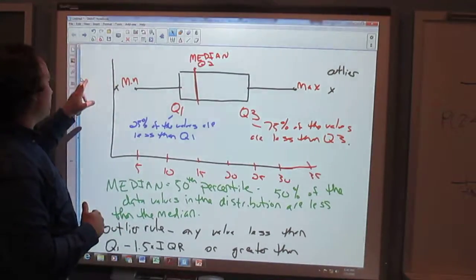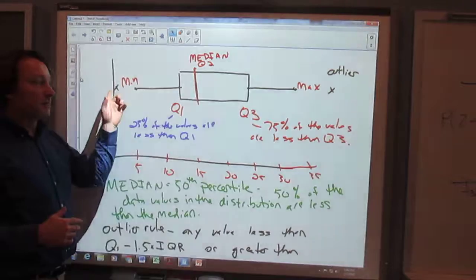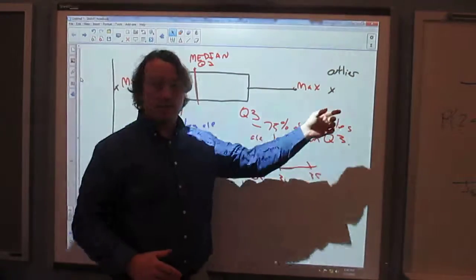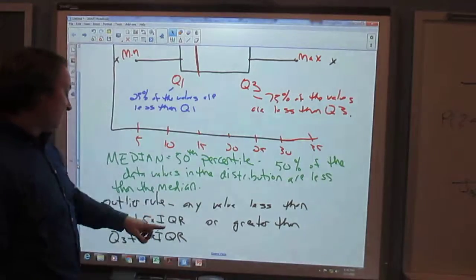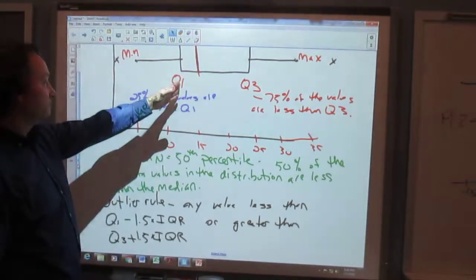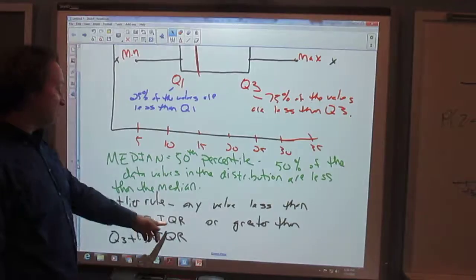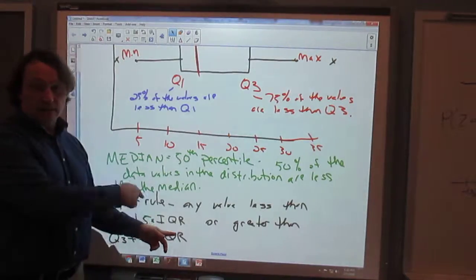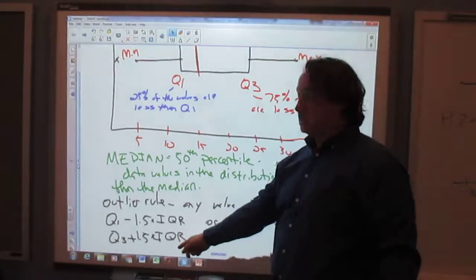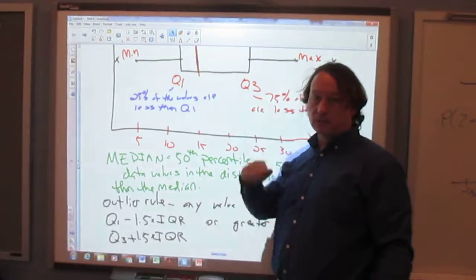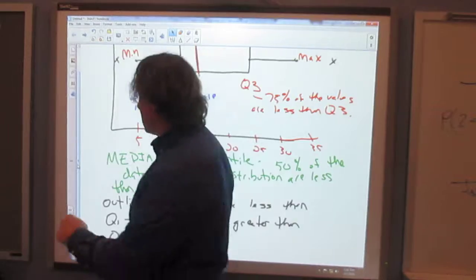And there's one more thing, how do we get the outlier? How do I know if something's an outlier? Your rule for an outlier is any value that's less than quarter 1 minus 1.5 times the IQR. What's that? We'll get to that in a second. Or anything greater than quarter 3 plus 1.5 times the IQR. So this last thing is, what's the IQR?